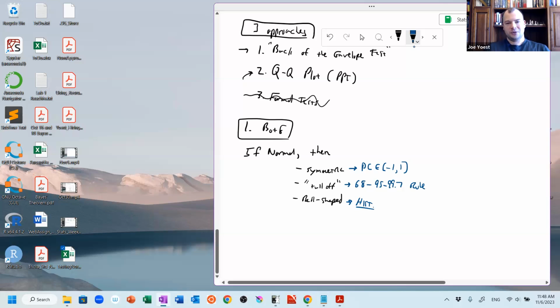So I say if the underlying population is normal, then I expect the sample to roughly follow these 3 criteria. If I see substantial deviation from these criteria, then that would lead me to conclude that the underlying population is probably not normal.